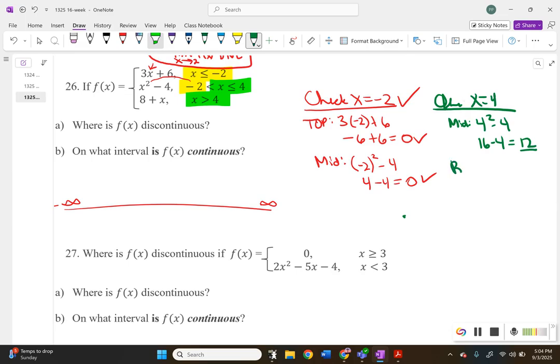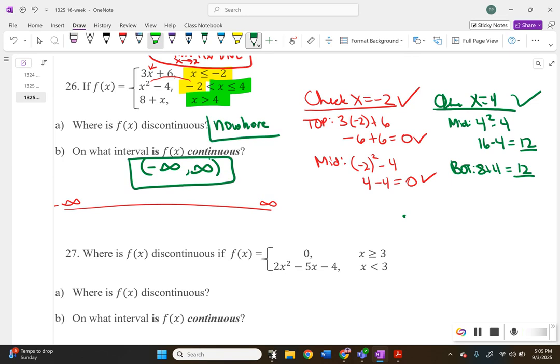If I put 4 in the bottom equation, I would get 8 plus 4, which is also 12. So I checked 4 and it also is good. So where is it discontinuous? Nowhere. It is actually continuous everywhere, from -infinity to +infinity. Because the only 2 places in question, we checked them and they both worked out.